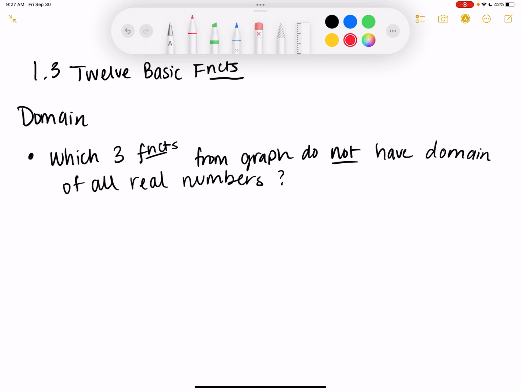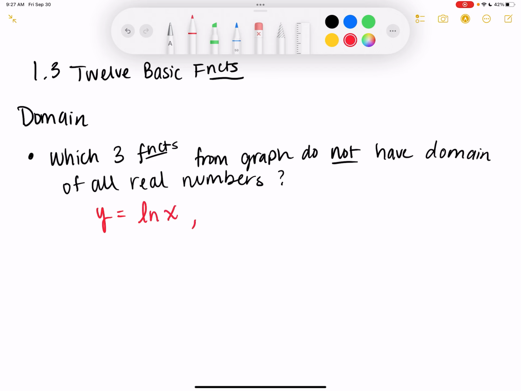The squaring function. Nope, that one will. Cubic function also will. Natural logarithmic function. The reciprocal. The natural log function, is that what you said, Nathan? Yes, so y equals the ln of x. What'd you say, Josh?